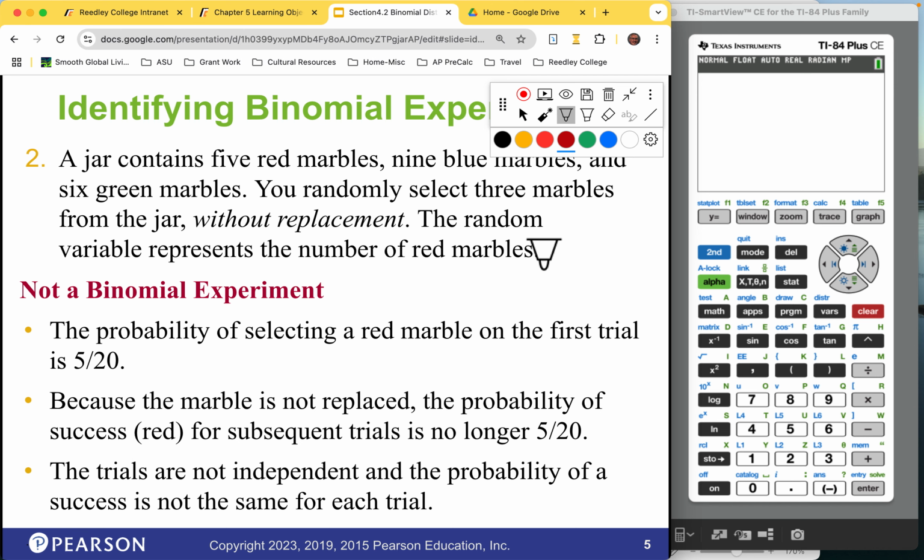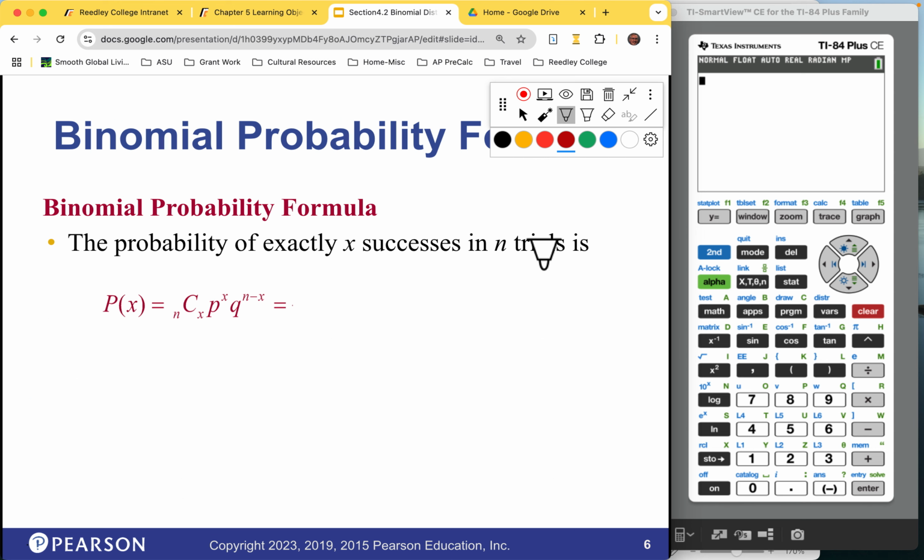Usually when we look at these, you get a red or you get a yellow, so there's multiple outcomes as well. We could fix that one, but we can't fix this not replacement, that the probabilities are going to change on us. So it's not binomial. It could be something we're interested in, but it's not binomial. So we're not dealing with it today. And that's part of the thing, as we get more of these distributions, you have to be able to identify what kind it is so that you're using the right tool.